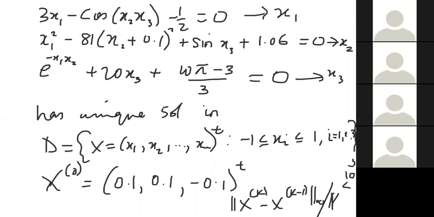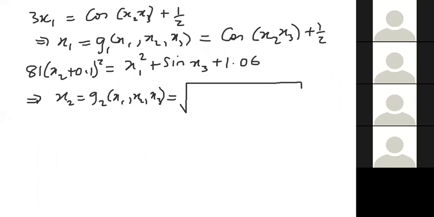Okay, so let's continue here. Oh yeah, we are on this board. So I'm going to have 1 over 81 here. Then I'm going to have x1 squared plus sine x3, then plus 1.06.